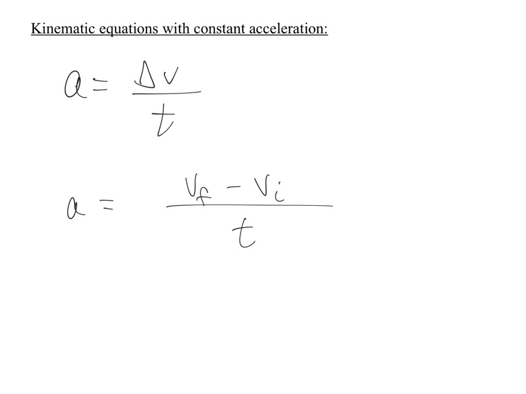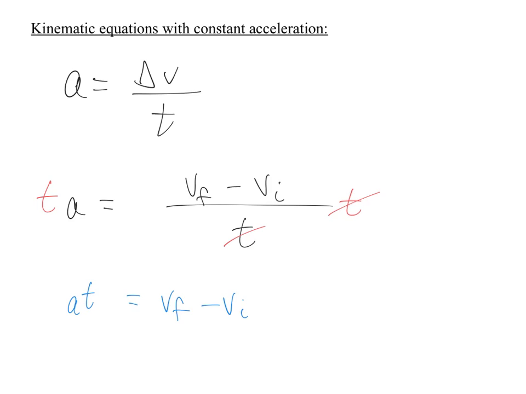This is a formula that's very useful. How do I get rid of t if I don't want t in the denominator? Multiply both sides by t. That's gone. I'm left with a t over here, and Vf minus Vi.